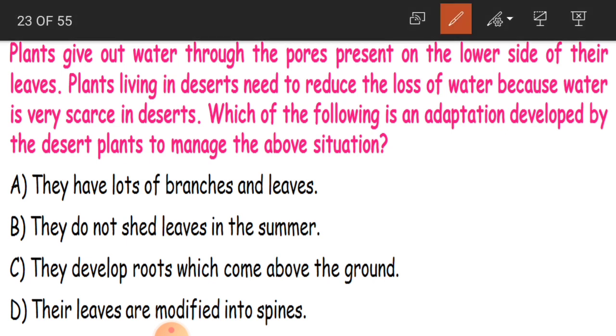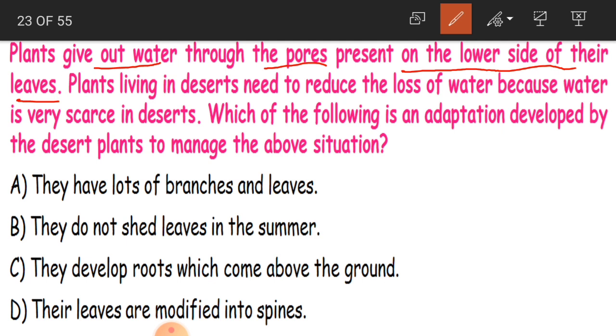So carefully read the question, children, and try to understand this. Like, what is the question? Plants give out water through the pores present on the lower side of their leaves. So as we learned, plants give out water through the pores, like small holes. Where are they? They are on the lower side of the leaves.